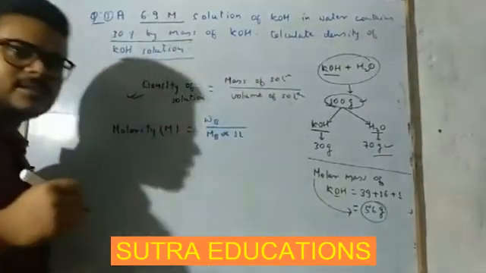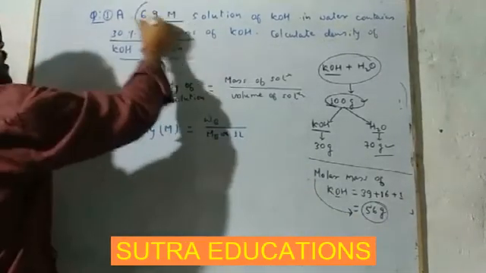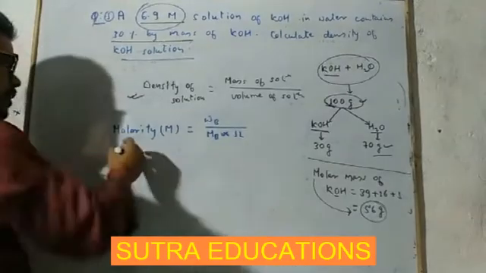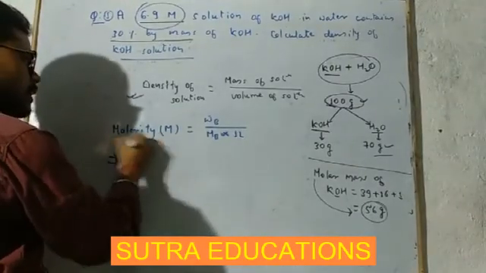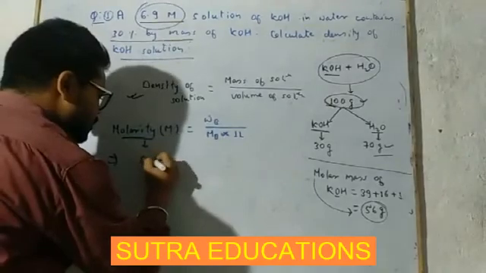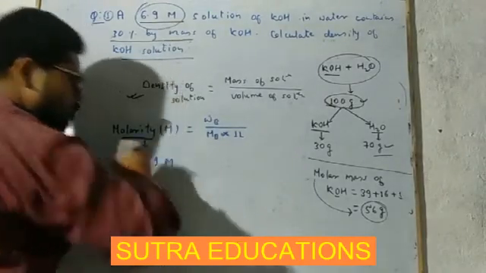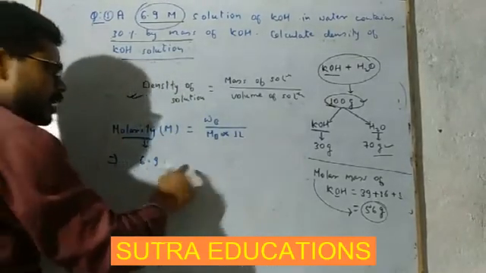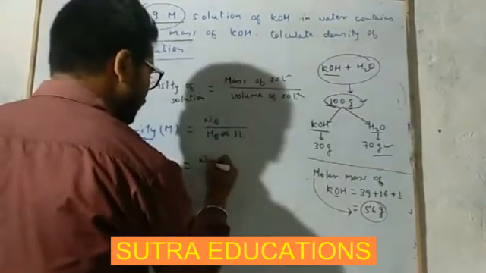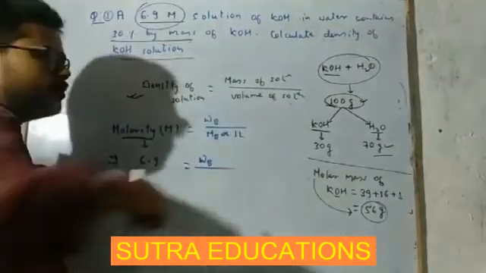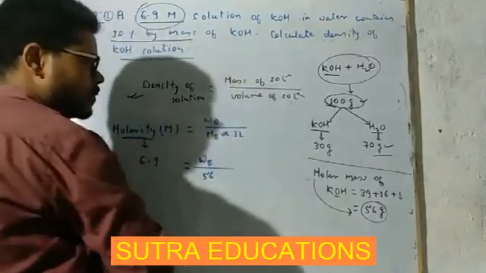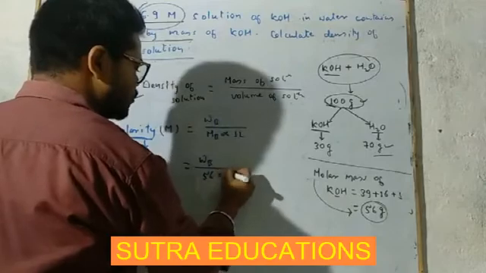This is the molarity and this value is given as 6.9 molar. So 6.9 is equal to WB, which we don't know, divided by MB, which we have calculated to be 56, into 1.